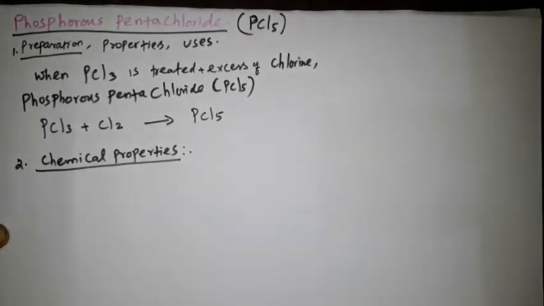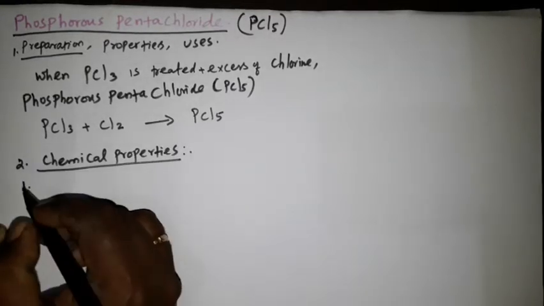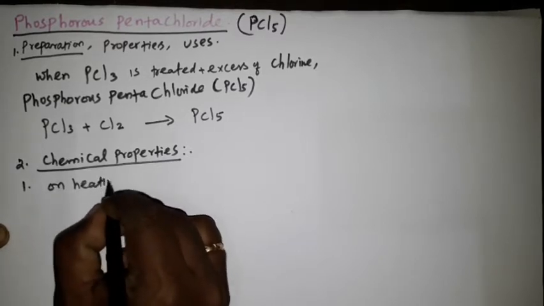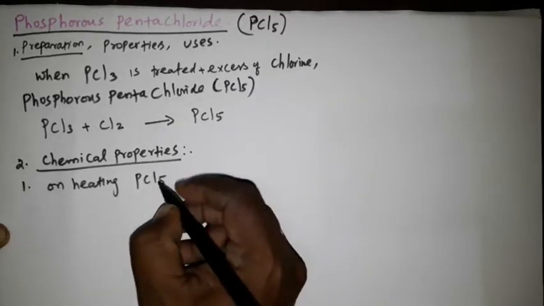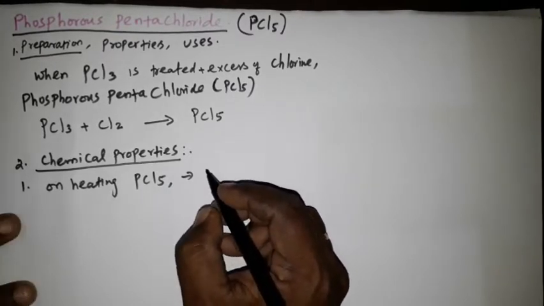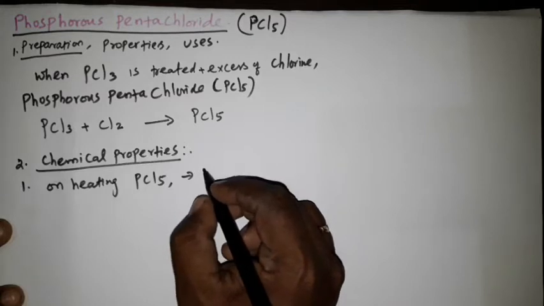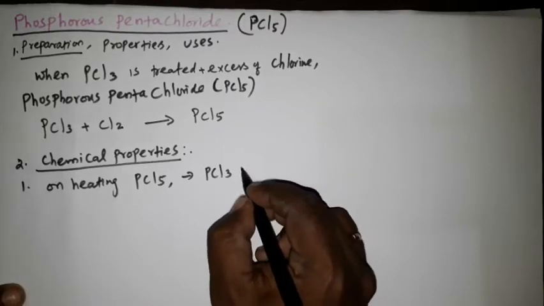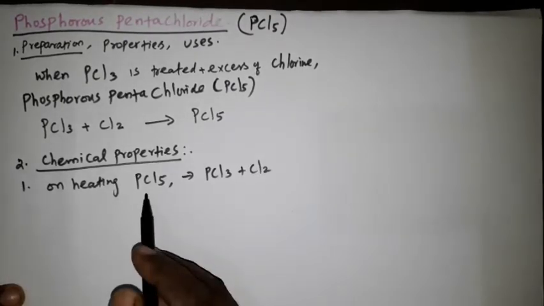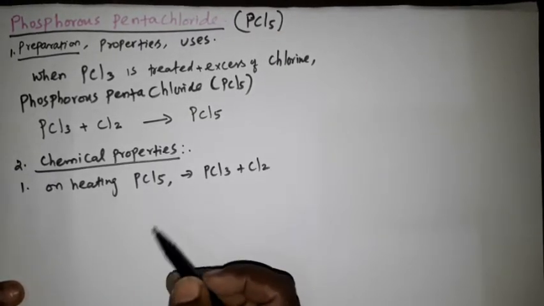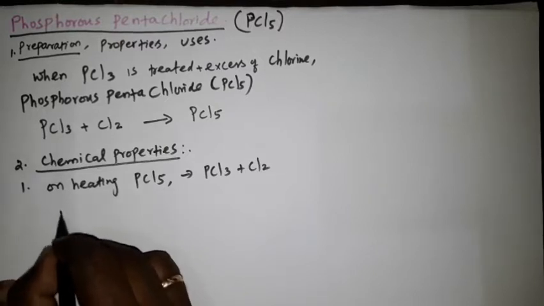Okay, so chemical properties, the first property is on heating phosphorus pentachloride. On heating PCl5, that is phosphorus pentachloride, it decomposes to phosphorus trichloride, that is PCl3, and chlorine. See the equation, PCl5.